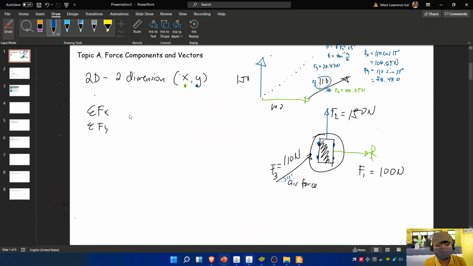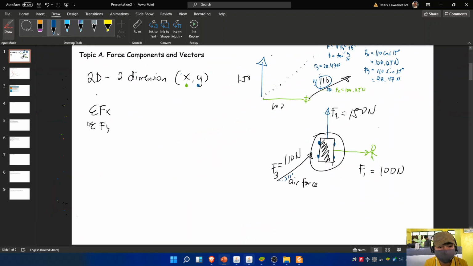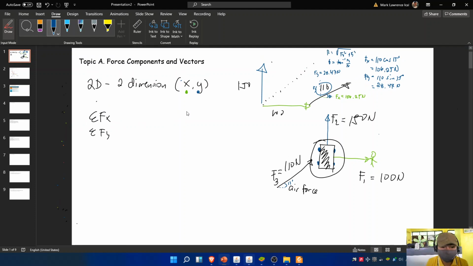Now, ano yung sinasabi ko kanina na summation of f of x and summation of f of y? So, ito yung gagawin nyo. So, lahat ng going to the right ay positive, lahat ng going to the left ay negative, okay? Ako na nagsabi niyan. Kasi yun ang gusto ko eh.